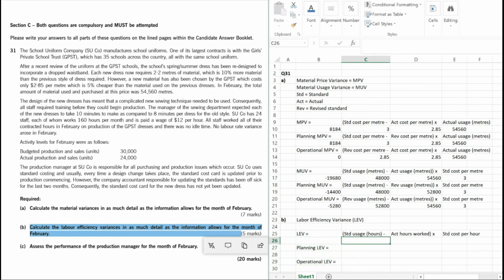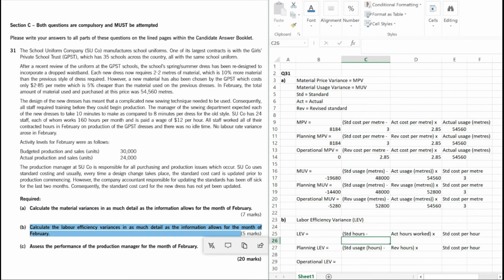Okay, so planning, let's copy this down. It's going to be the old standard versus the revised standard, so it's going to be the revised hours. In fact, let's not write usage, right? Because that seems to imply usage like material. So we'll just write standard hours and we'll write revised hours.